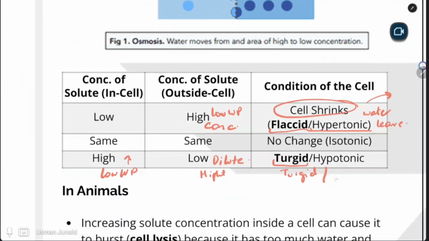We'll come back to this in a second. And the solution is called hypotonic.